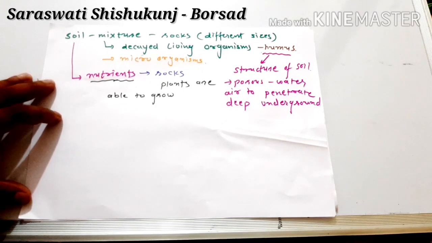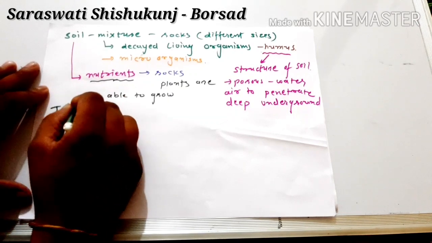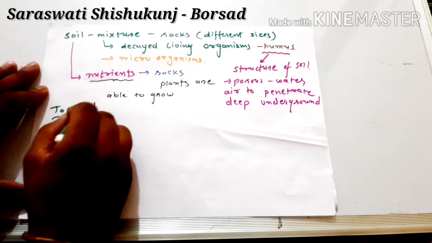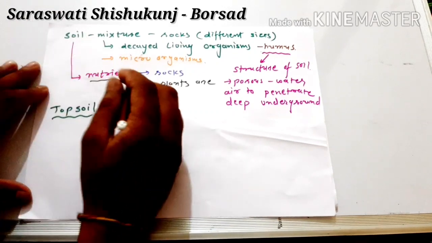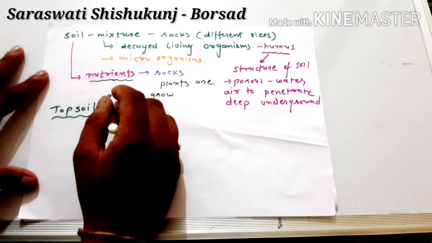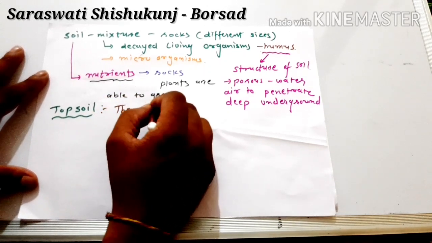Now let's understand one more important term related to this, and that is called topsoil. Now what is the meaning of topsoil? Let's understand. First of all, we will write its definition.